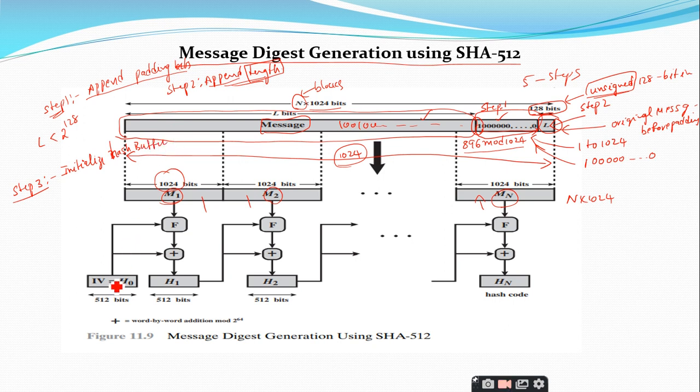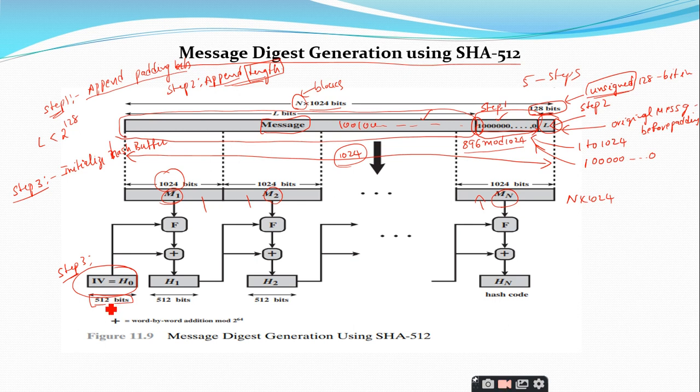Very simple step, this one. So this is step 3. We are going to initialize a buffer which is used for performing the hash functions. And you can observe here that the length of this initializing vector IV is 512 bits.